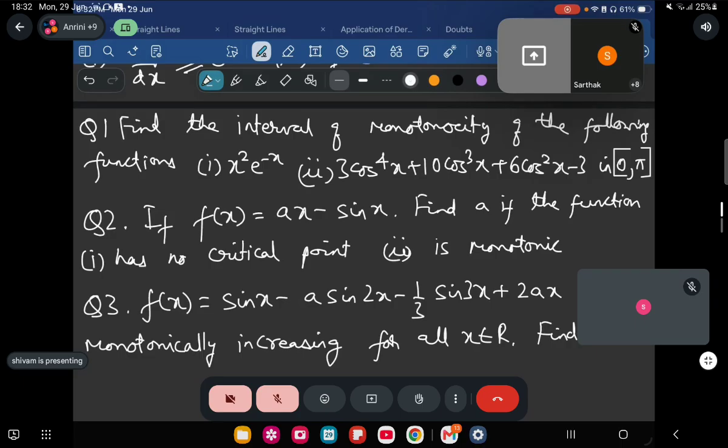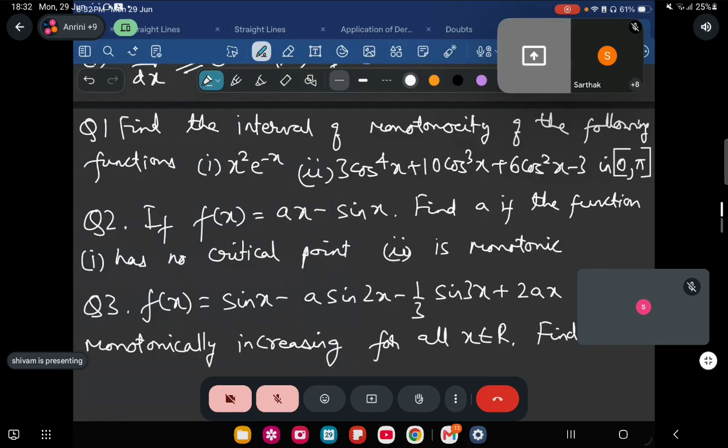Checking, checking. Devang, part two is also correct.